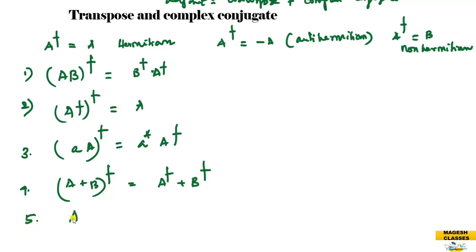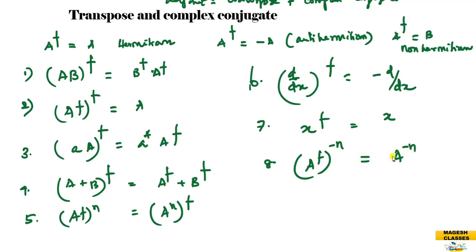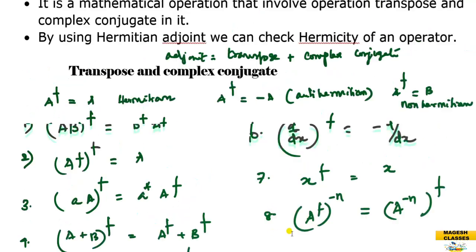And (A to the power n) dagger is equal to (A dagger) to the power n. Sixth one, the differentiation d by dx dagger is equal to minus d by dx. The position x dagger is equal to x. And (A dagger) to the power minus n is equal to (A to the power minus n) dagger. So these are points you have to know.